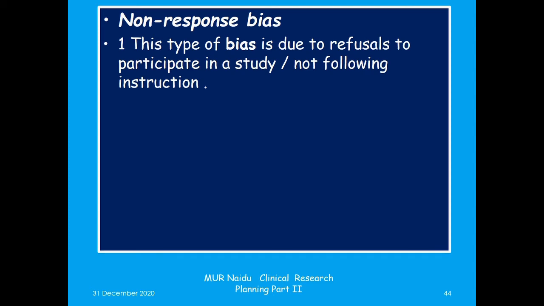I just gave an example of using a proton pump inhibitor in the early morning, or they may be taking a drug which is not advisable to be taken along with food or something like that. So that is non-response bias, which may be because of the error of the participant in not following the instruction given by the research team.